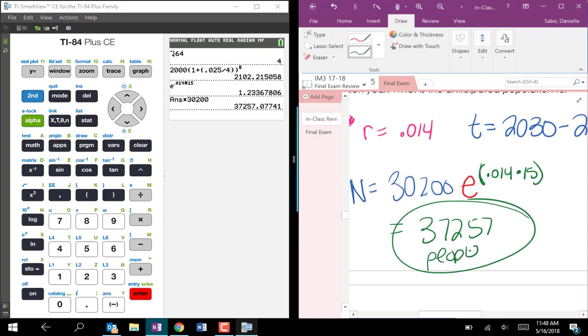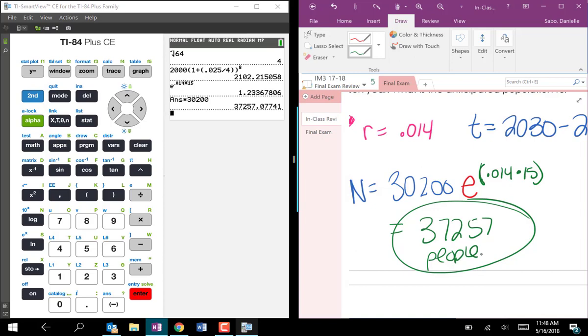Now if you have a not so pretty calculator, these are still really nice calculators, they're still TIs. I didn't get that. We'll have to figure it out. With these TIs, type it in. I would recommend using these. They're really good calculators. Type in 30200.